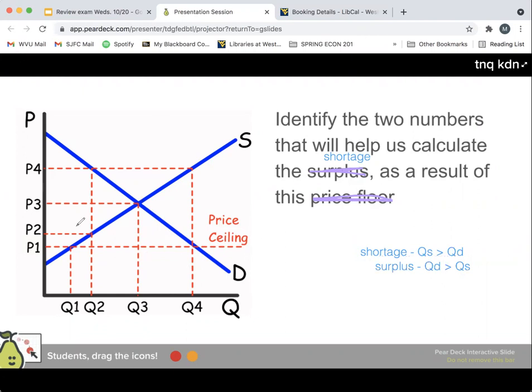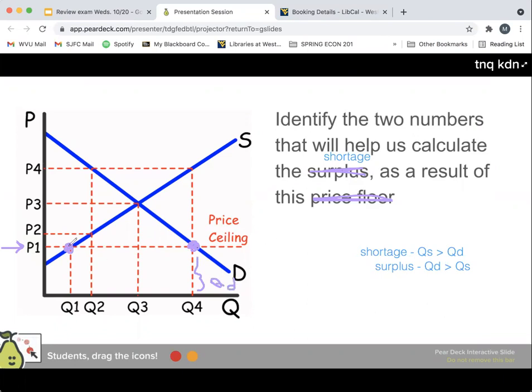So once again, we're going to go to this price ceiling, where legally we cannot go above this price. First, we're going to see that price ceiling cross that supply curve over here, and we're going to see that price ceiling cross that demand curve. So if we go down, this is going to tell us our quantity demanded.